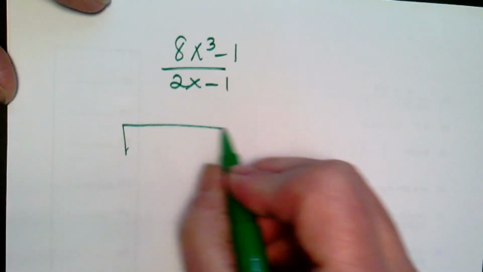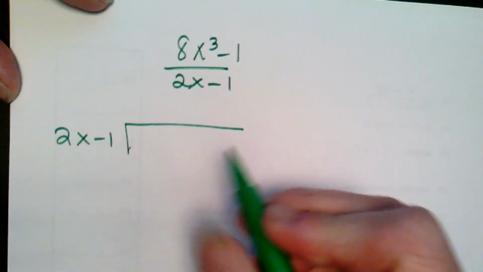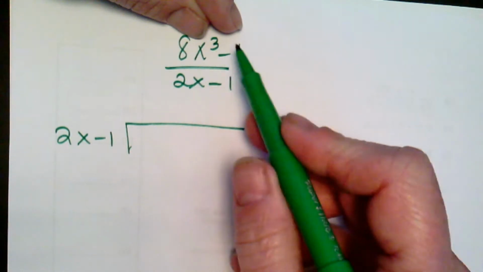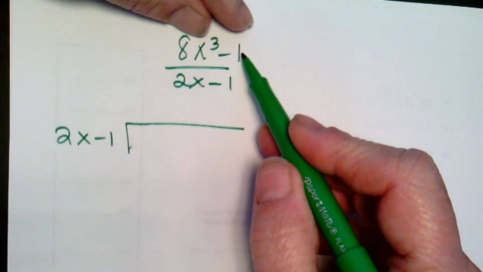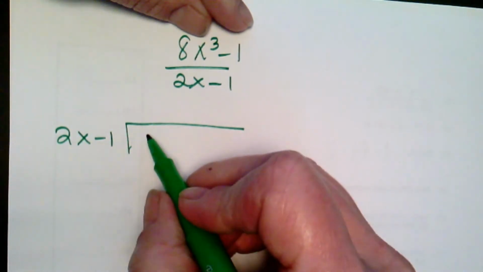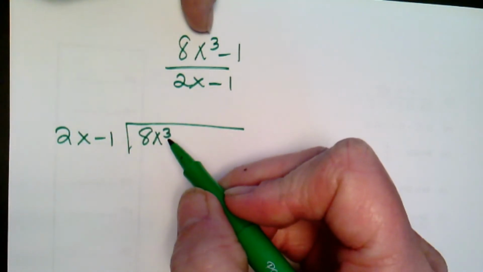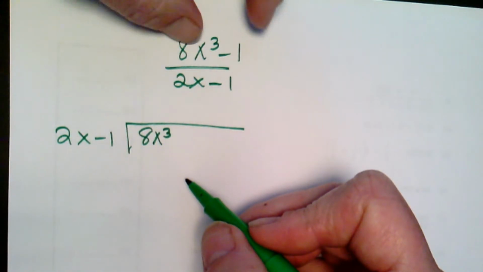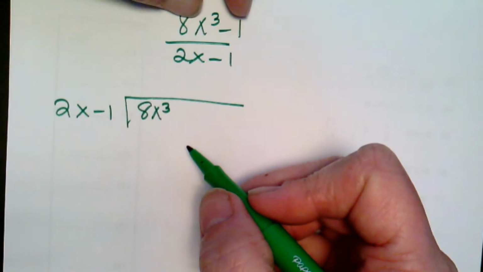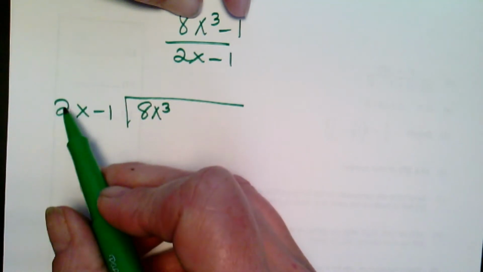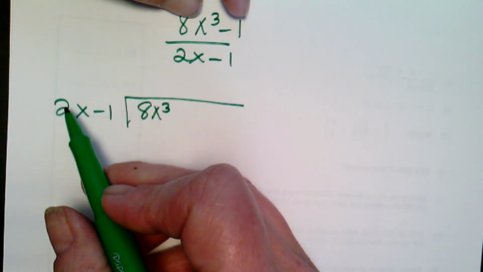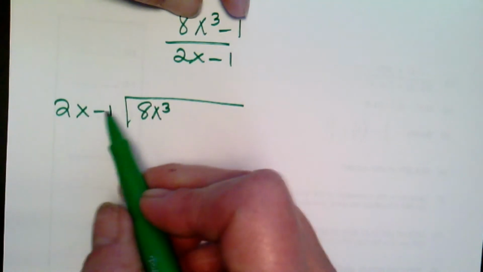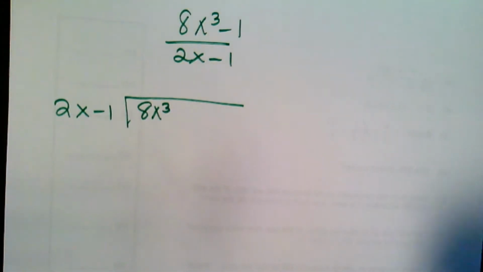Alright, so when I set this up, I need to have an exponent in every group all the way down to the constant, which means I need an x squared. I need an x. We can't have a gap between here and here that doesn't include those exponents, because when we do our synthetic or our long division, we're going to have some missing terms that don't match up.